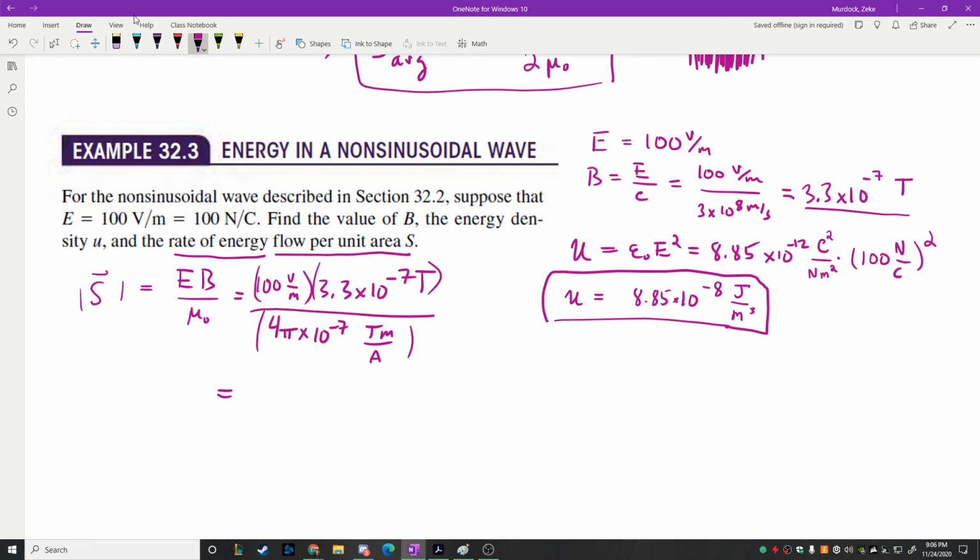We'll see, Teslas cancel. 1 over meters and meters, those cancel. Volts divided by... I'm starting to think maybe this is not quite right. Tesla meter per amp. I got to think about this. B is equal to mu naught times I over 2 pi r, the magnetic field of a ring, so it would be Tesla times mu... Oh, it is.